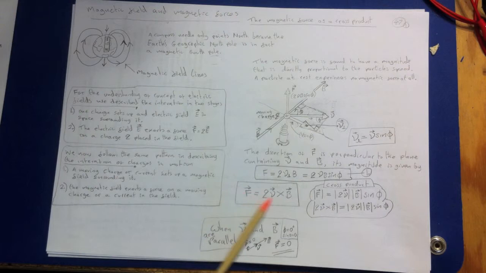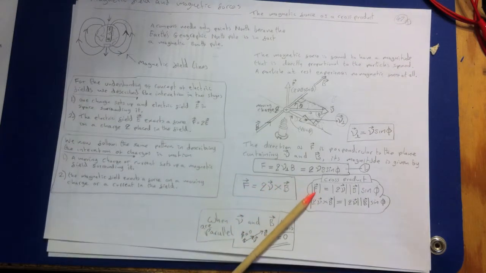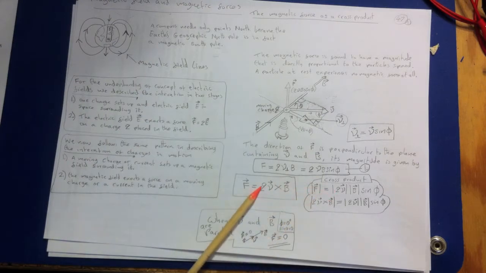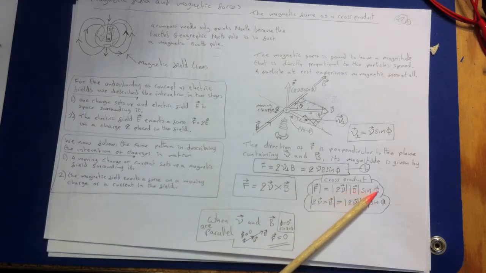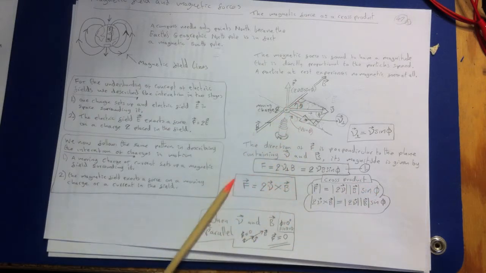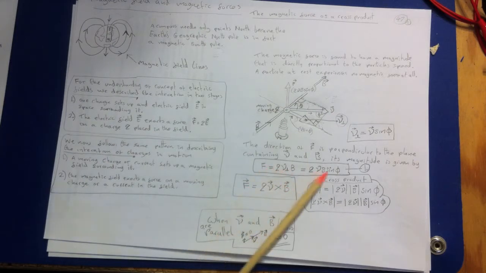This is a standard cross product, so the magnitude of F equals the magnitude of v times the magnitude of B times sine theta, which is the angle between them. So this is a nice shorthand way of encapsulating all of this information.